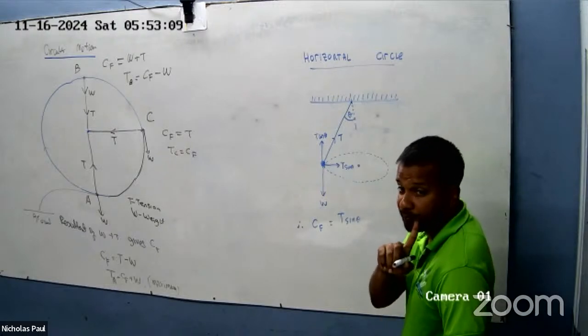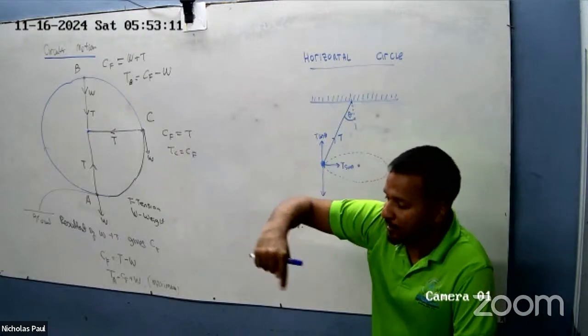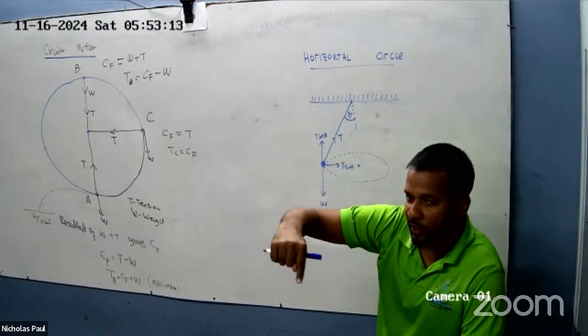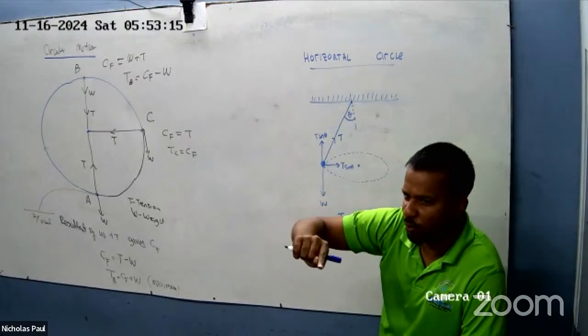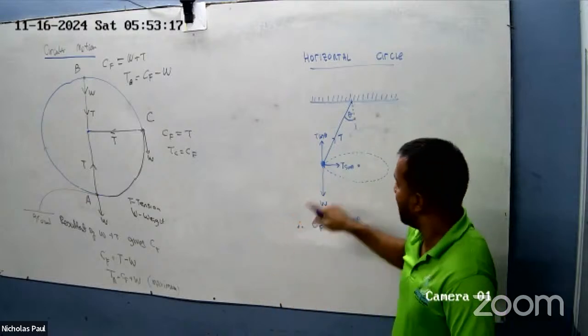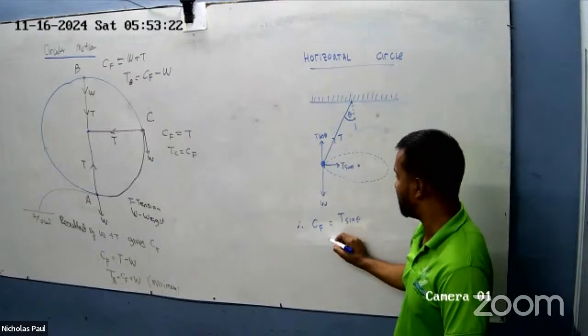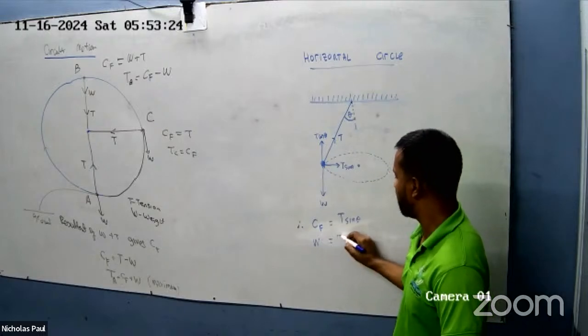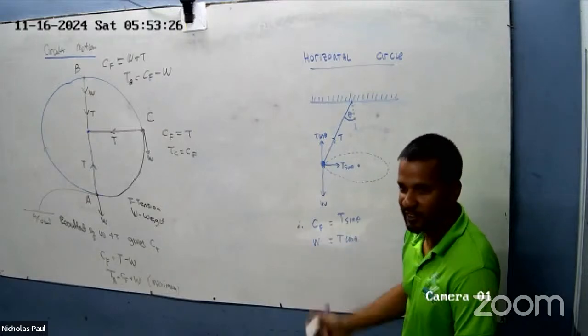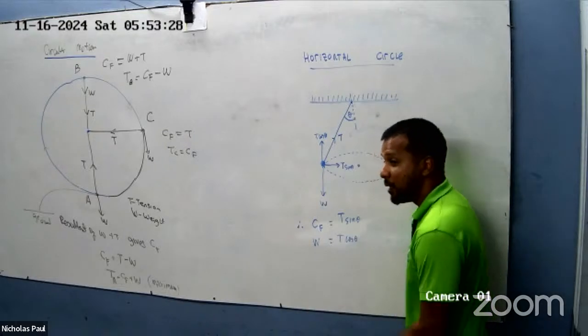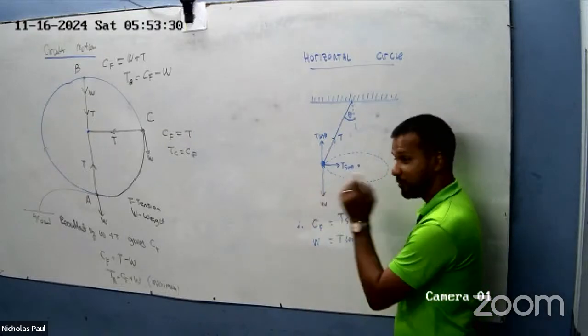Right? And because it maintains a horizontal motion, it's not moving vertically, but just staying horizontal, then these two vertical forces have to be equal, they cancel. Right?